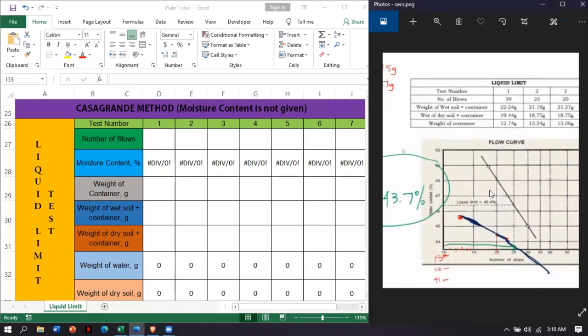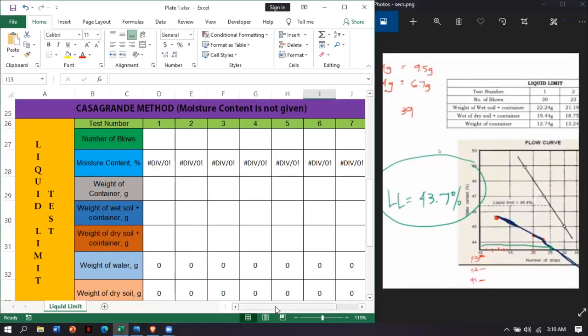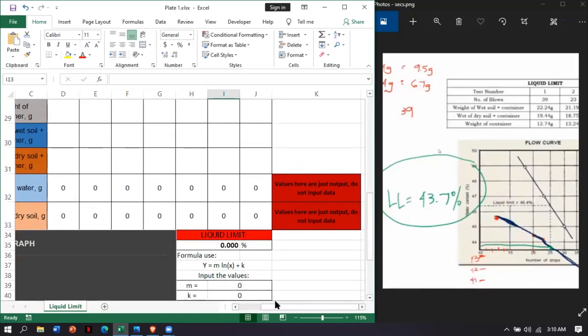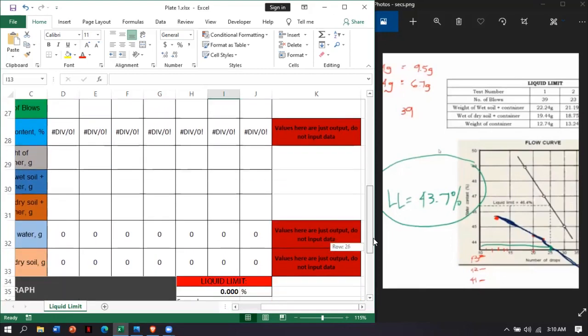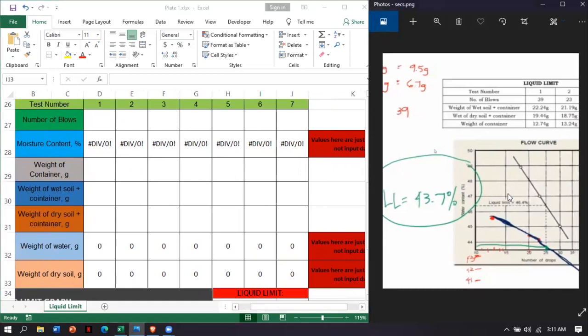We're going to find the liquid limit using this problem and the program that we have made. Some notes regarding using this program: the values in this row are just output, so you do not need to input data. Also in this row, you don't need to input data. We're going to input the data given by the example.